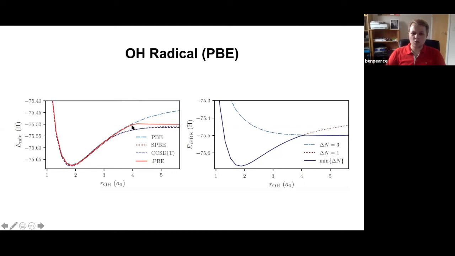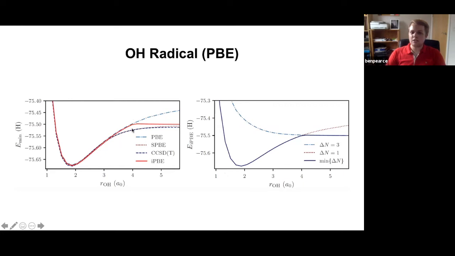And again, we see this, it's not quite a kink this time, it's a little softer, but we see this kind of deviation from the spin PBE curve before we actually kink down towards the asymptotic behavior. Again, this corresponds to the implicit doublet energy becoming higher than the quadruplet state. Again, this does not occur for regular PBE. This only occurs when you actually use this implicit PBE result.